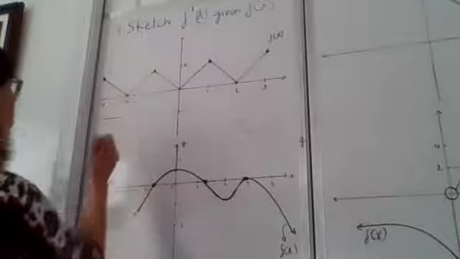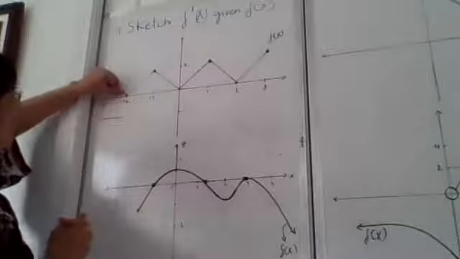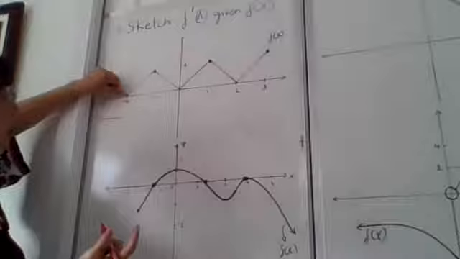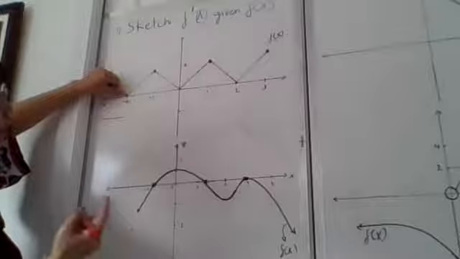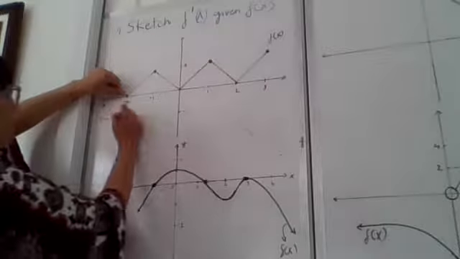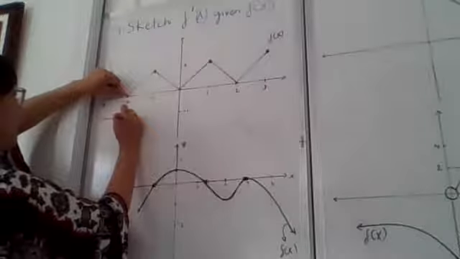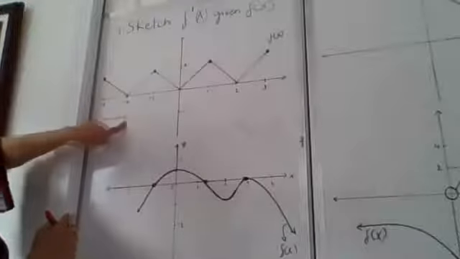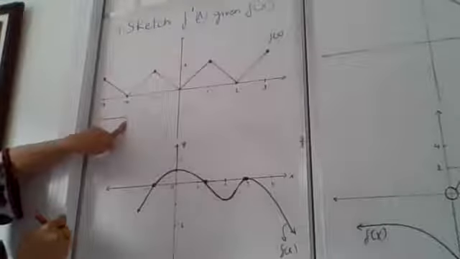And at this point, we notice this is a pointed sharp point and there's no value of derivative as well. The derivative does not exist. So we mark it with an empty circle. It means this derivative does not exist.